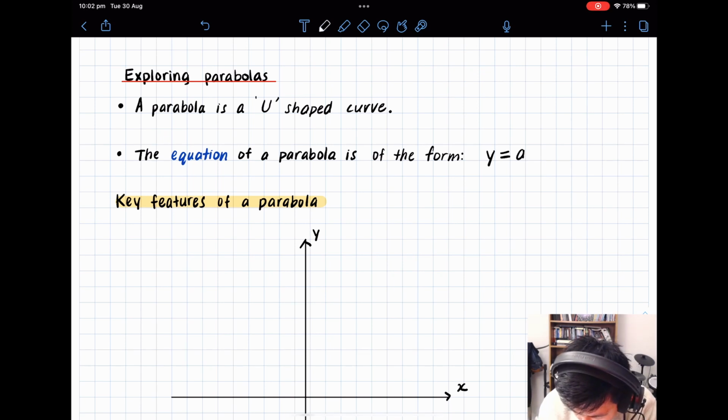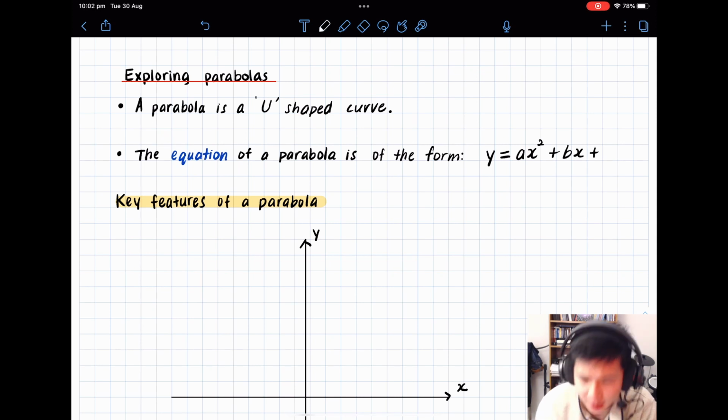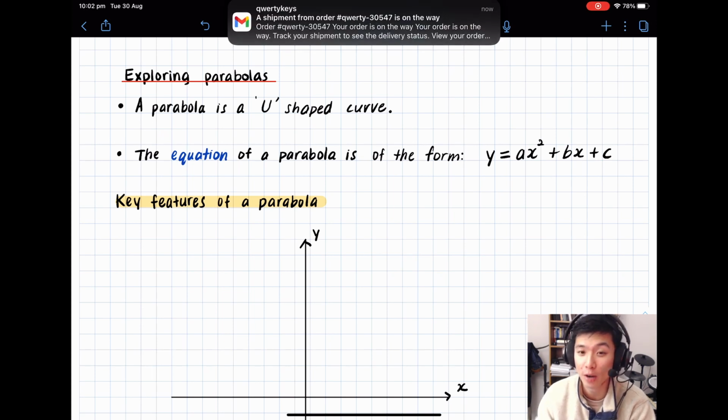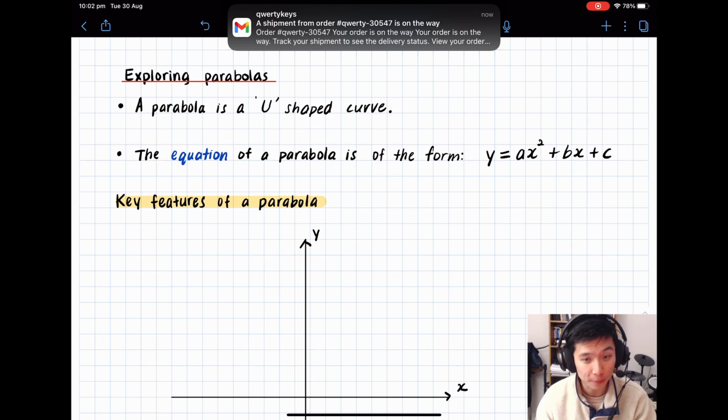In fact, as I'm writing this out, hopefully you see that it's a quadratic. It's the stuff that we've been doing, except we've just been focusing on the algebra side of things, how to factorize it. But now we're going to learn how to graph quadratics. And when we graph a quadratic, we get a parabola.